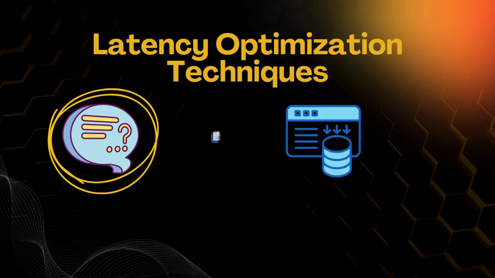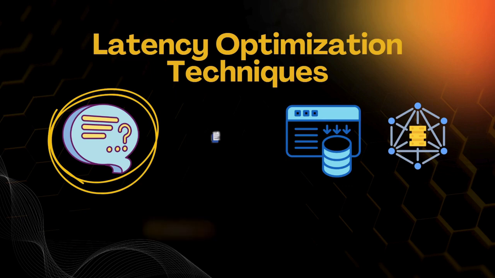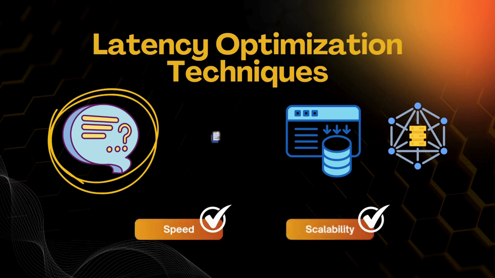Caching, storing frequently accessed content closer to users. Example, a CDN like Cloudflare serves static assets from servers near the user. Edge computing, move computation closer to the user instead of relying on a centralized server. These techniques shave off precious milliseconds, improving both speed and scalability.